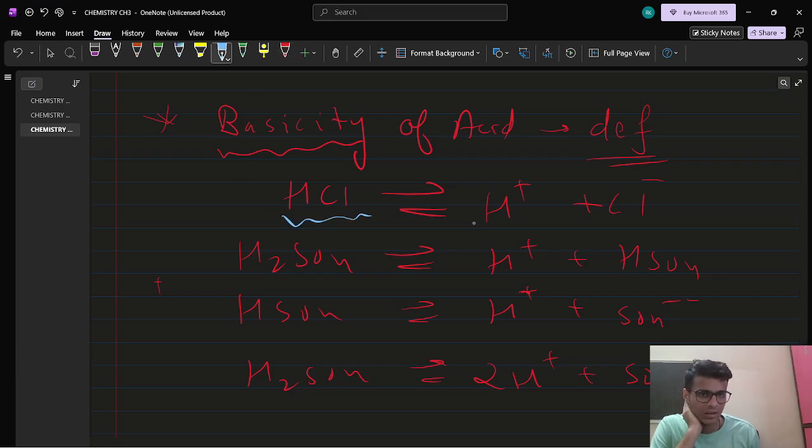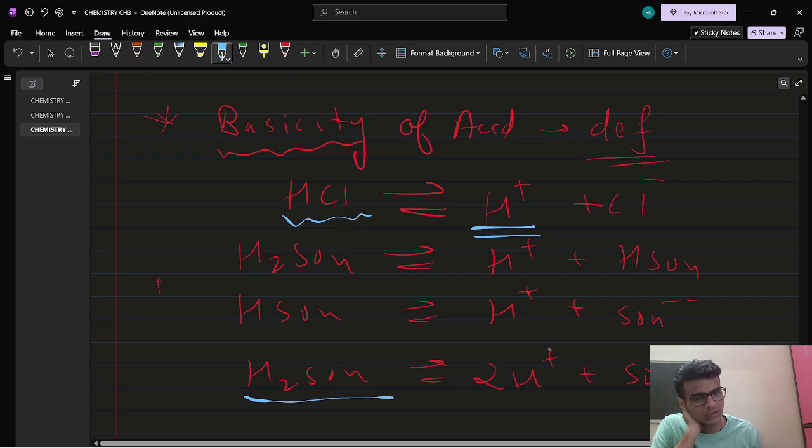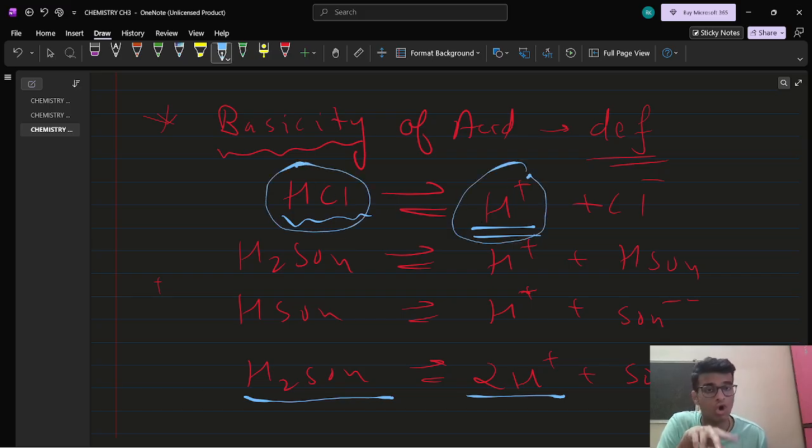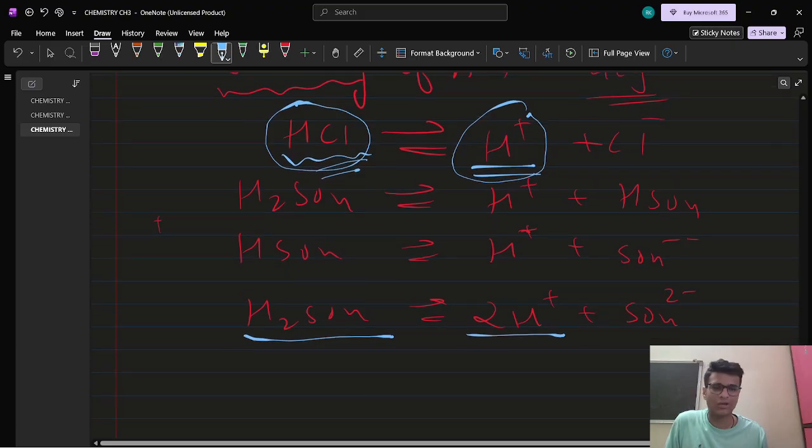If you see, HCl is giving one H plus ion, whereas H2SO4 is giving two H plus ions. That is it. Basicity of an acid is defined as the number of hydrogen ions produced per molecule of an acid when dissolved in aqueous solution. That's it, that is all the concept there is.